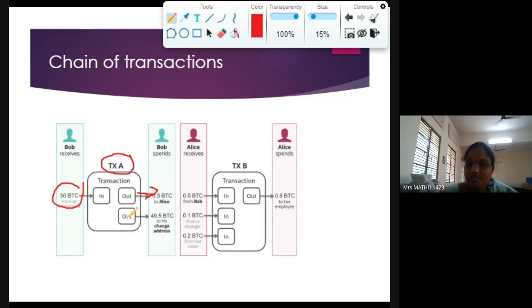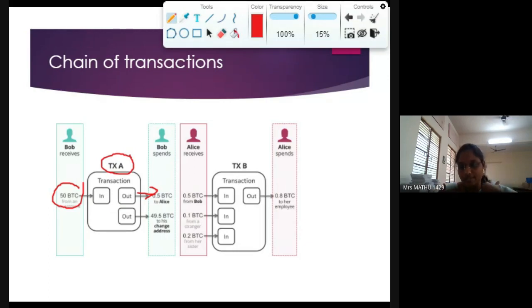we are having. We have seen that an output is something like crediting it to a Bitcoin account. So out of this 50 Bitcoin, he's crediting 0.5 to Alice's account. And the remaining, how much will we have? 49.5.